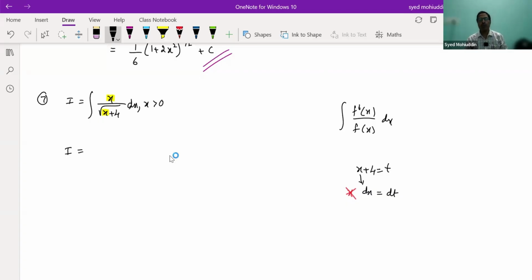How can I make x plus 4 there in the numerator? Is there any step that I need to follow to get plus 4 there? Can you guess?